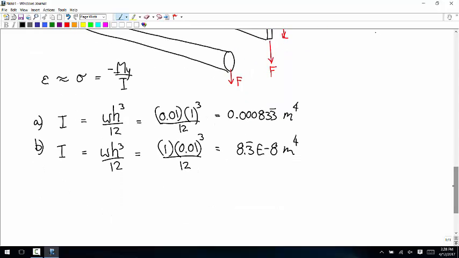And then the last one is the circle. I is equal to pi r to the fourth over 4. So that's pi times 0.0564 to the fourth over 4. Can someone calculate that?